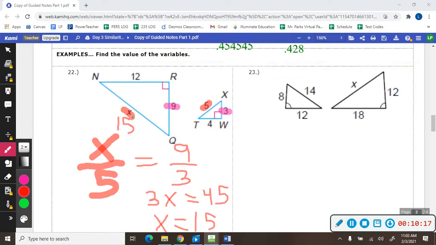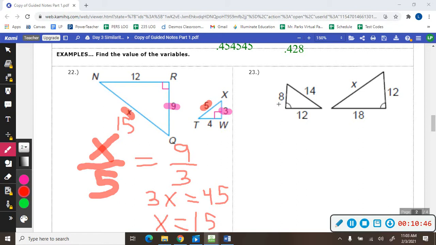I also want to add, they don't tell us these triangles are similar, but because 3 times 3 is 9, and also 4 times 3 is 12, and the angle in between the two are congruent, they're both 90, we knew that they were similar by the SAS. So like here, they don't tell us that they're similar. You can't really just assume that. But we see that this angle is congruent to this angle.